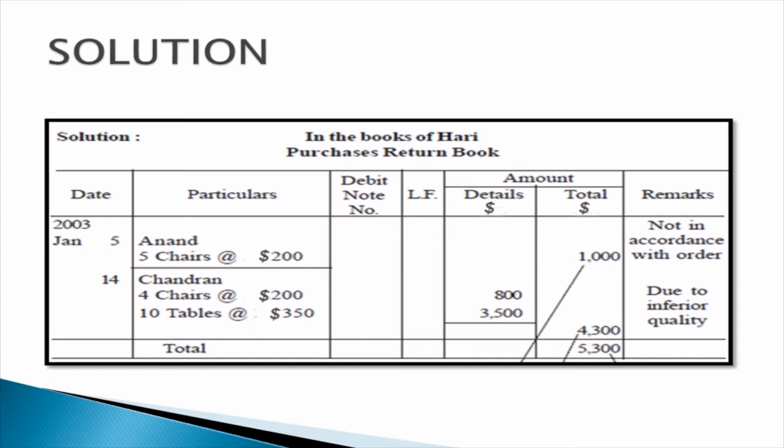So the detail becomes $800 and $3,500. In total, you write $4,300. And the grand total becomes $5,300. And on the remark side, we write not in accordance with order on January 5th and due to inferior quality on January 14th.